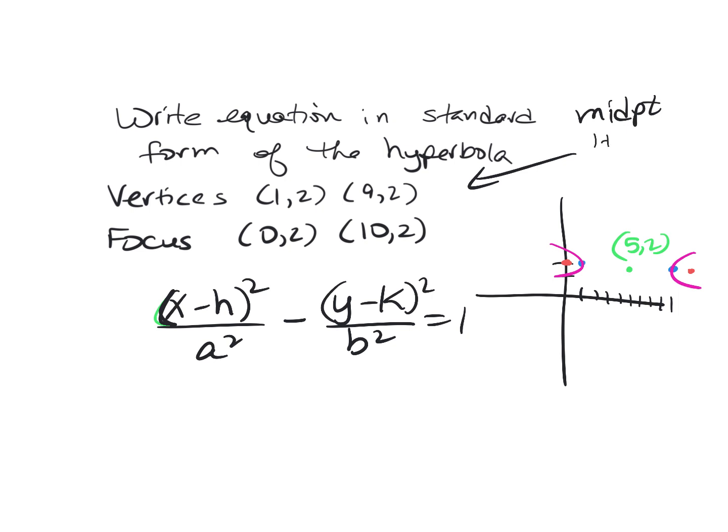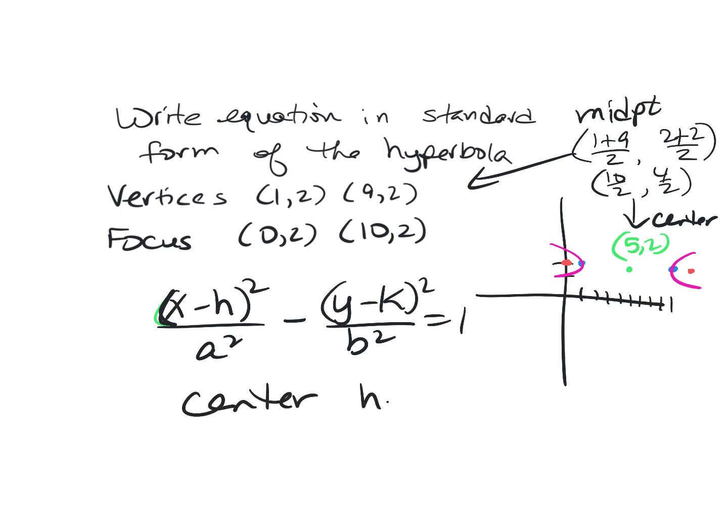So I'm going to add 1 plus 9 divided by 2, 2 plus 2 divided by 2. I get 10 over 2, 4 over 2, and then that gives me the ordered pair 5, 2. This is the center of my hyperbola. So my center, my h, k, is going to be the ordered pair 5, 2.